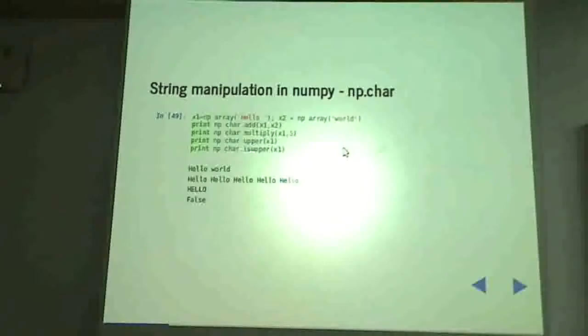I can check whether the entire string is uppercase or not. If it is not, it will return false. If it is entirely uppercase, it will return true. So all of these things can be done. This slide is just to highlight the fact that NumPy doesn't necessarily operate only on numbers. It can also operate on strings.